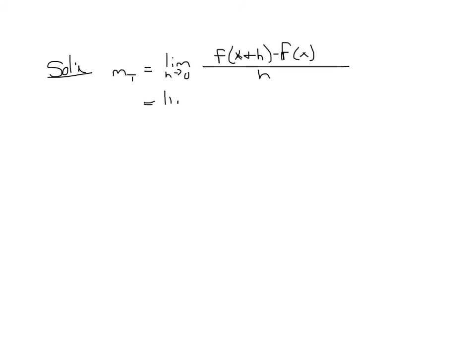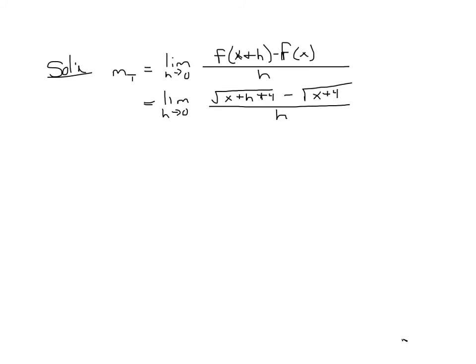So in this case, doing it to a square root function, let's see what happens. We'll end up with the square root of x plus h plus 4 minus the square root of x plus 4, all over h.